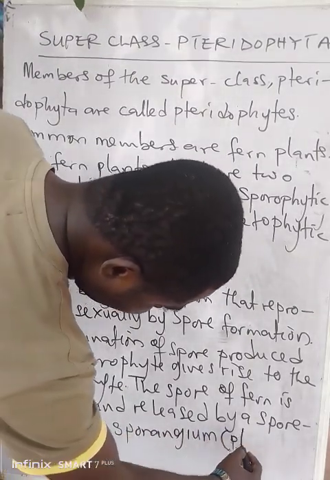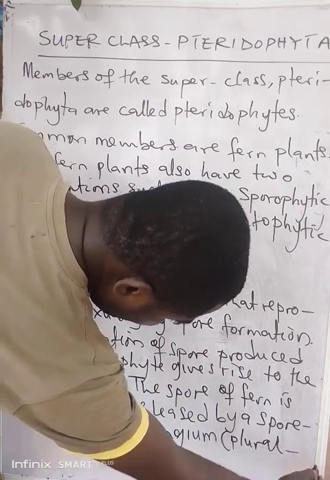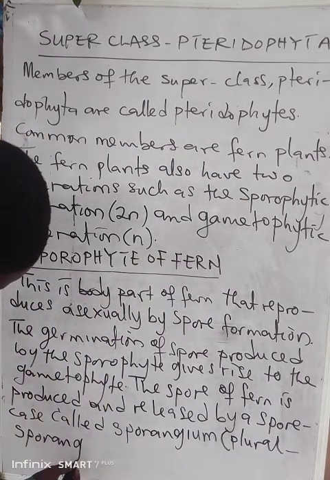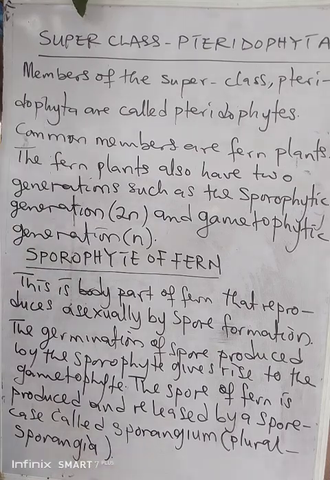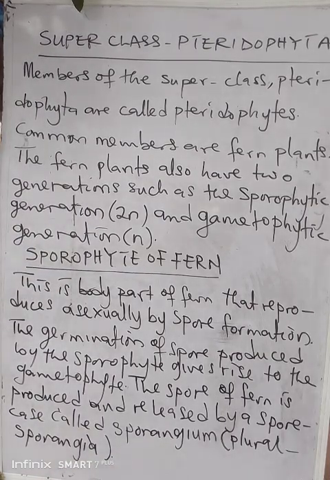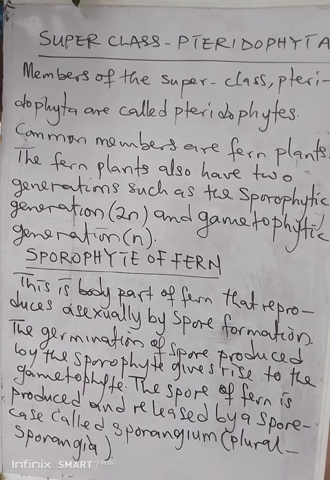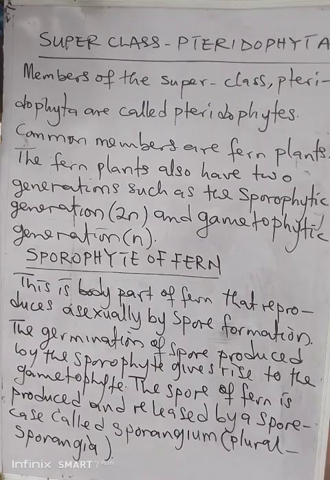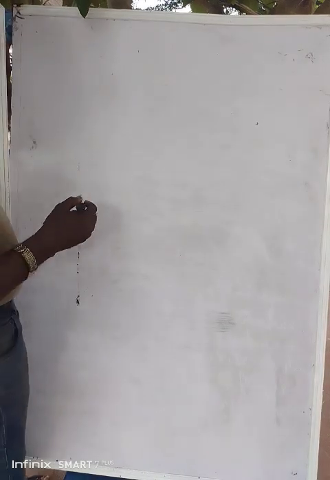The plural form of sporangium is sporangia. So that is where spores are produced. Spores are produced by a spore case called the sporangium. And the plural form of sporangium is what? Sporangia.